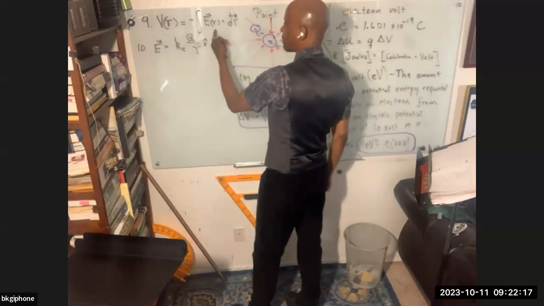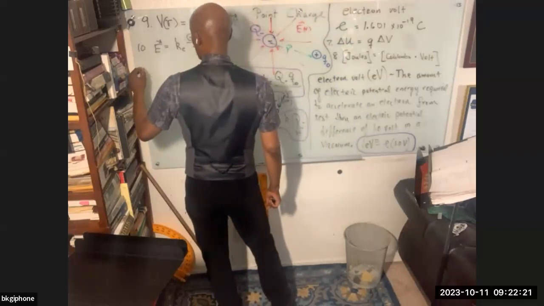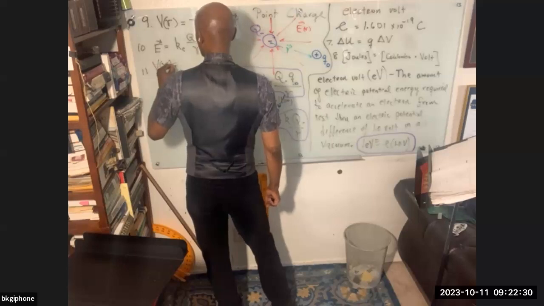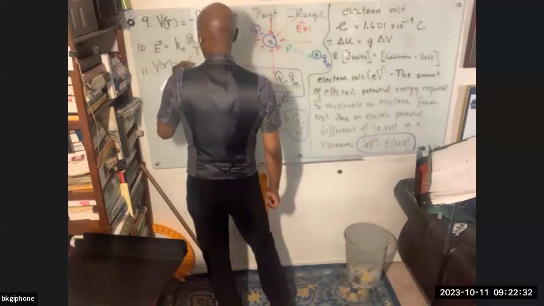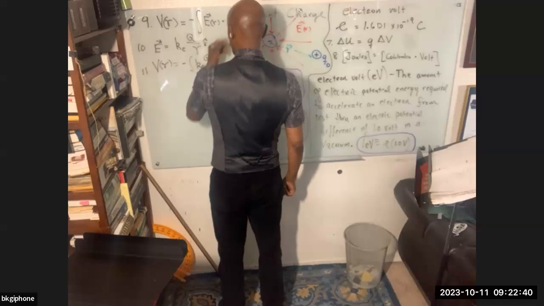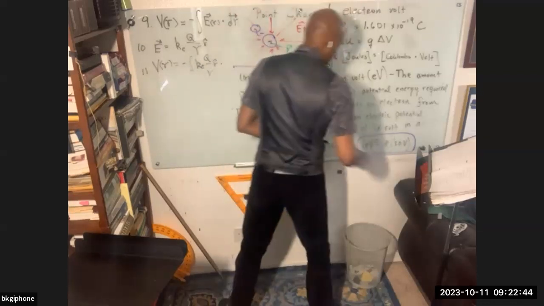So if we take this and put it into here, this is what we're talking about: negative integral of k_e Q r hat dot dr. And of course, dr has the units of dr r hat.